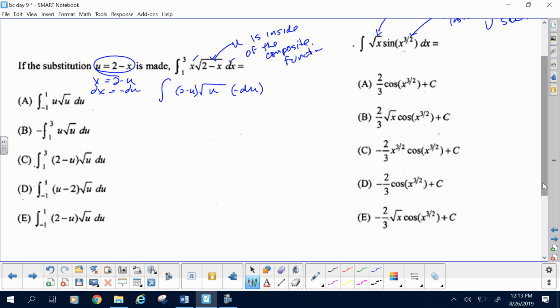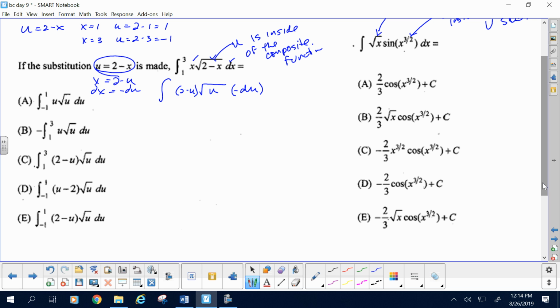What about the limits? Do they change? Yes, they must change. So, based on the fact that u is 2 minus x, when x is 1, what's u equal to? 1. When x is 3, u is 2 minus 3, so negative 1.